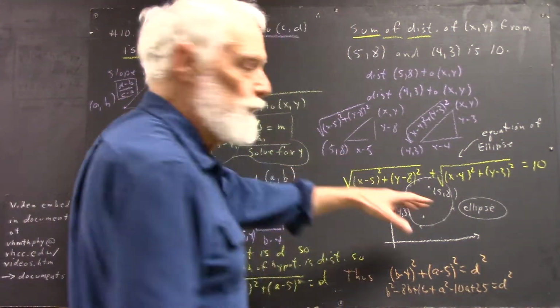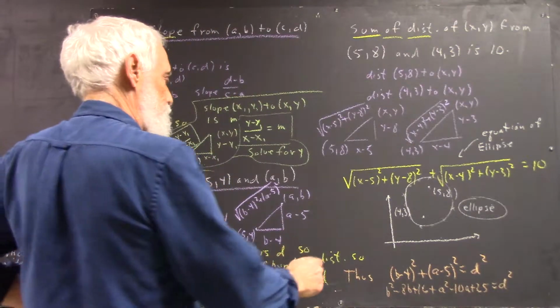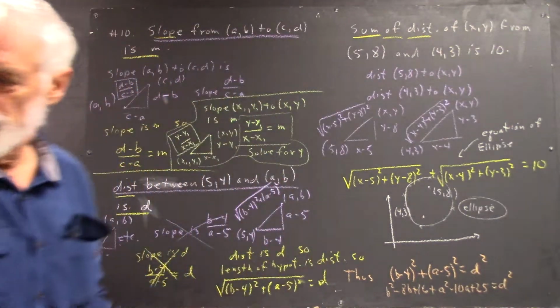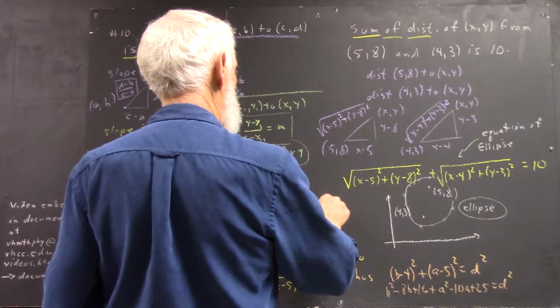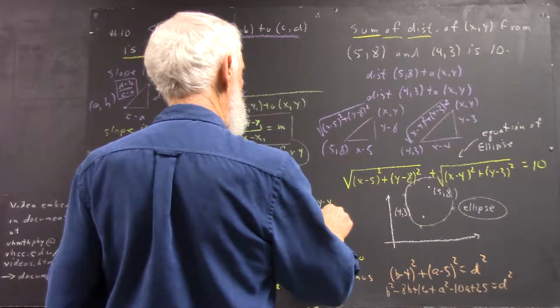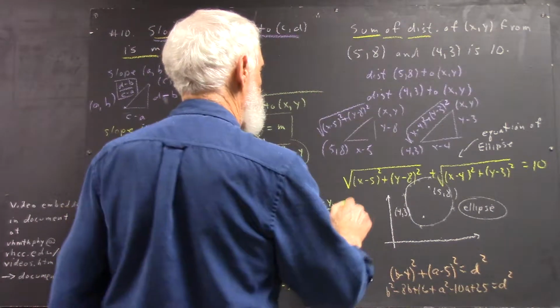Okay, so we do have a few issues we want to be sure we understand. So I'm going to try to squeeze this in right here. Okay, we have (y minus y1) over (x minus x1) equals m.